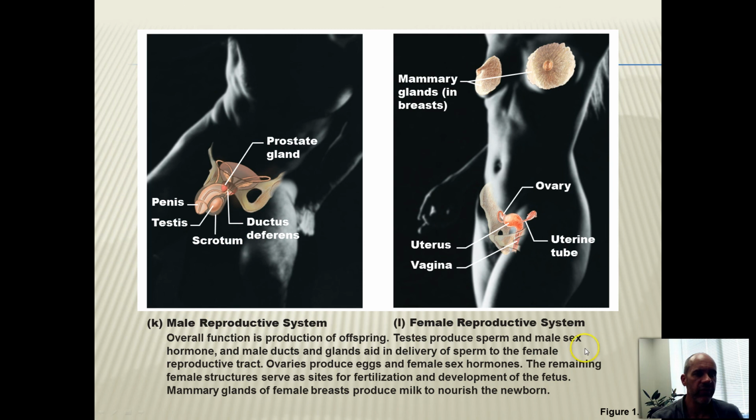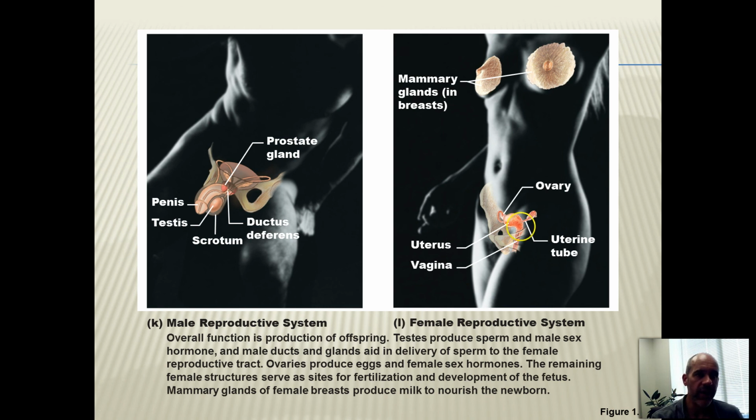All right, reproductive systems. You'll study those next semester. The main sex organs in a male, primary sex organs, are the testes, and in a female they're the ovaries, because the testes produce sperm cells in the male and the ovaries produce the ova or egg cells.